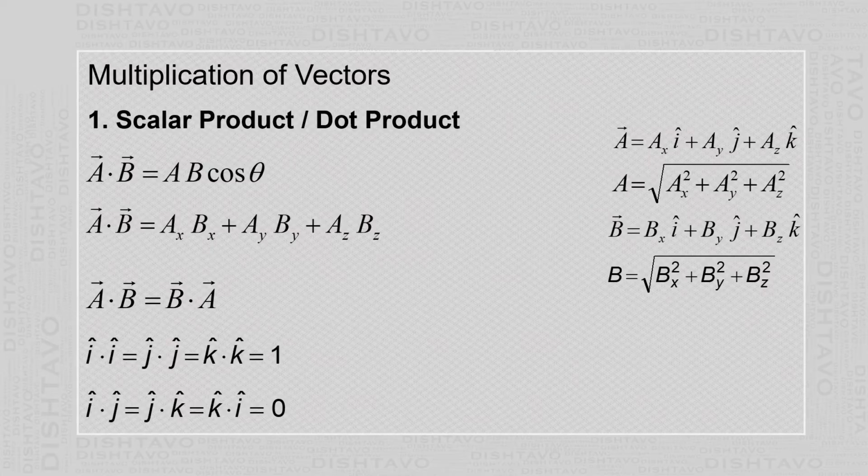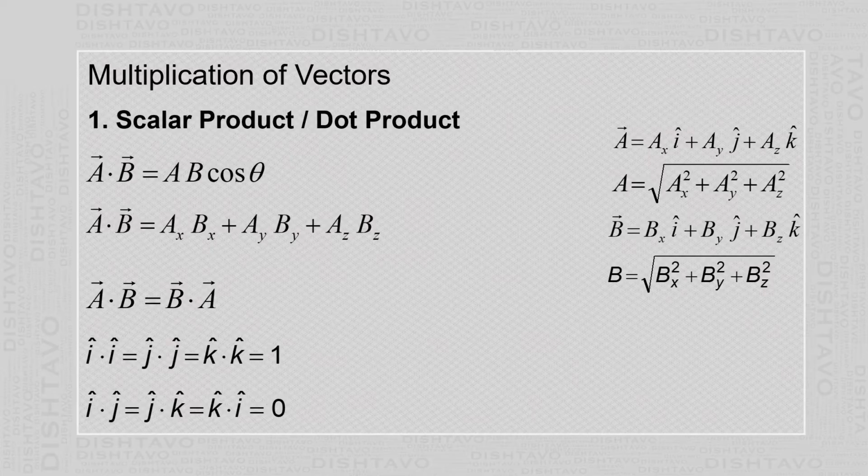Next, we will see how to multiply two vectors. When you multiply two vectors, there are two possibilities. It may result into a scalar quantity or it can result into a vector quantity.